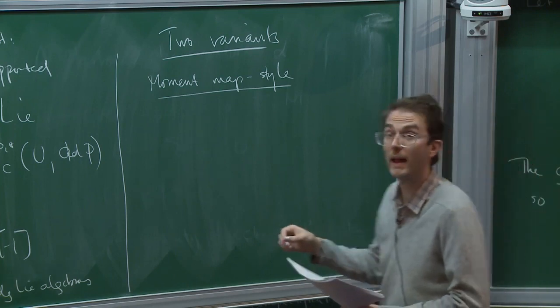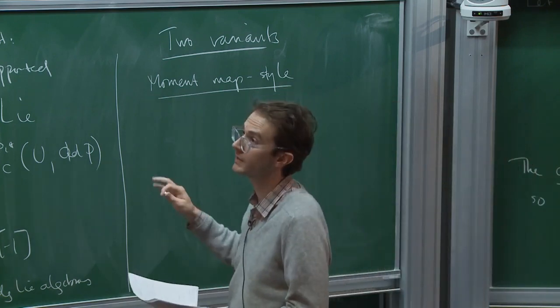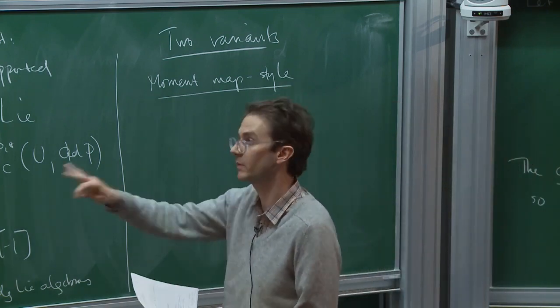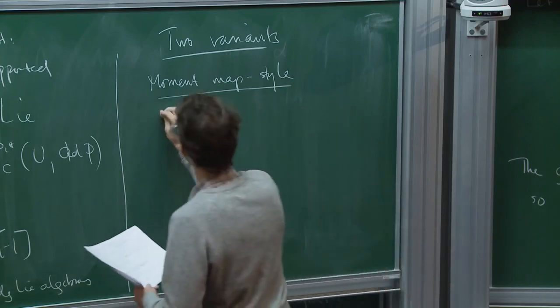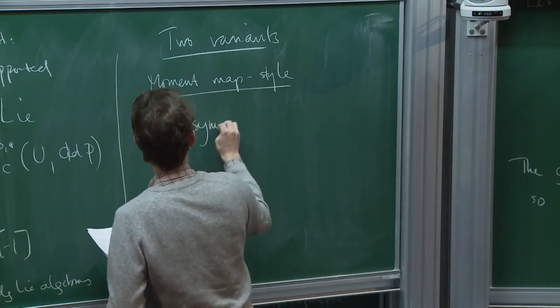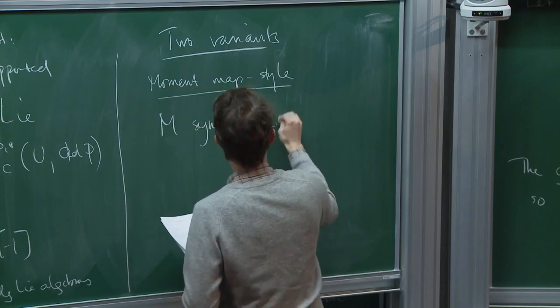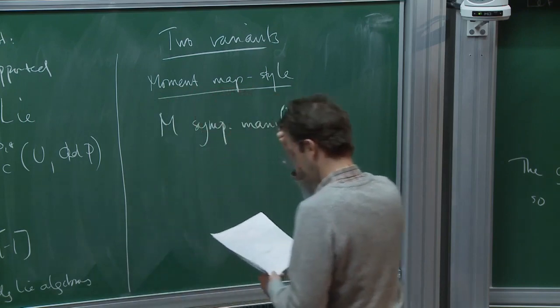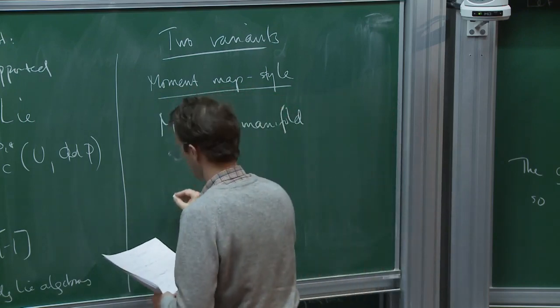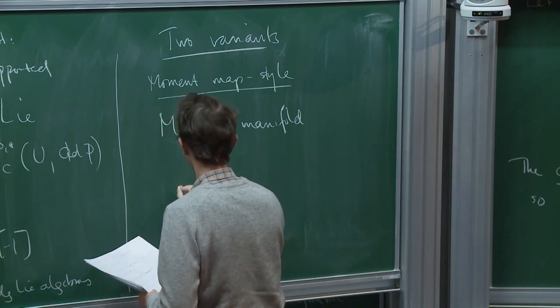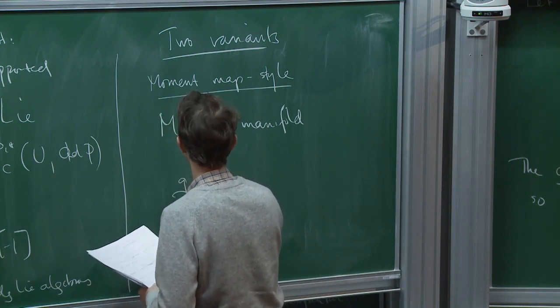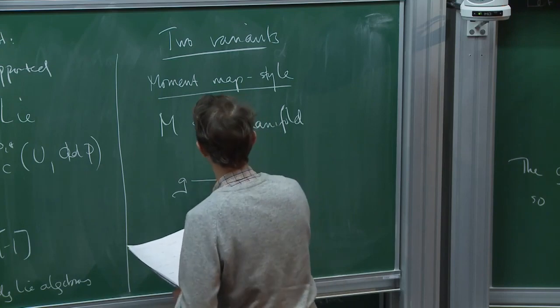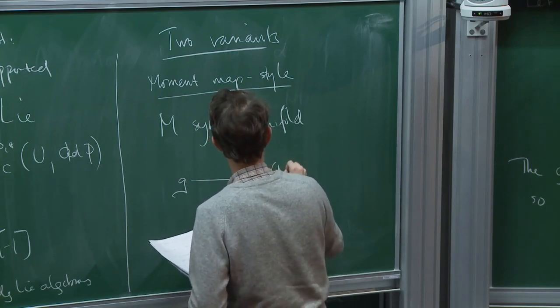So let's just recall how the usual moment map picture works with the unshifted Poisson stuff, and then we'll do the shifted version. So if M is a symplectic manifold, then in symplectic geometry, we're typically interested in G acting by Hamiltonian vector fields.